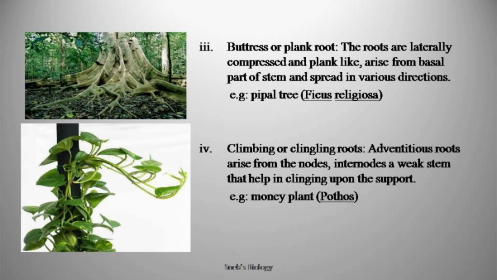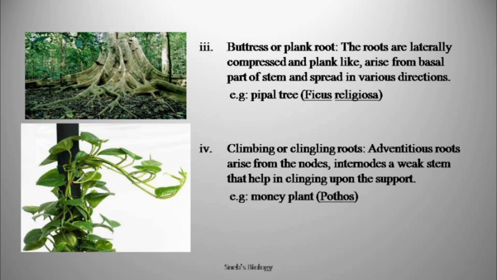Buttress root. The buttress roots are found on the lower part of the stem and they grow flat. For example, peepal tree. In this case, at the base of the main trunk we will find many flat structures which are on the ground, parallel.